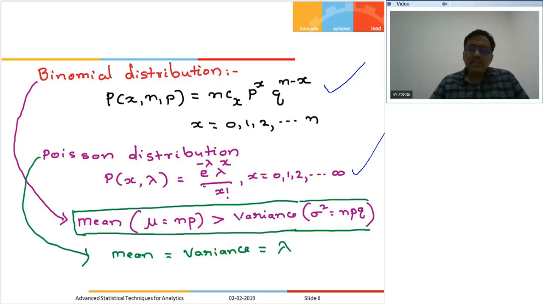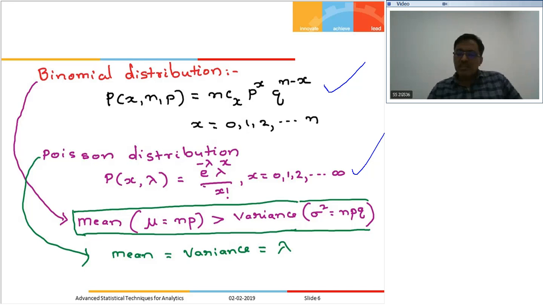So mean greater than variance means binomial, and mean equal to variance means Poisson. These are the two things we need to remember when we recall binomial as well as Poisson distribution.